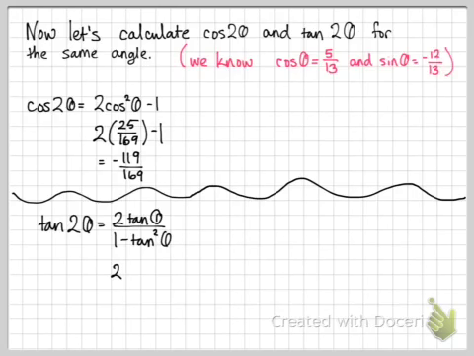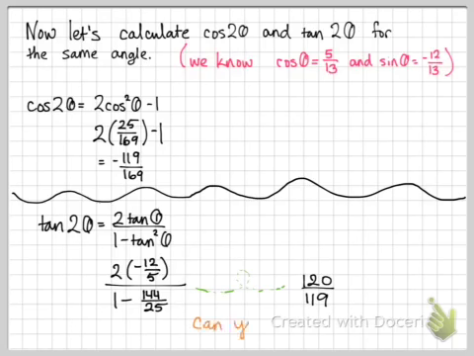Now, tangent theta is, of course, sine theta divided by cosine theta, so this is going to be negative 12/5 divided by 1 minus 144/25, which is, of course, negative 12/5 squared. If you simplify, this will bring you to 120/119.